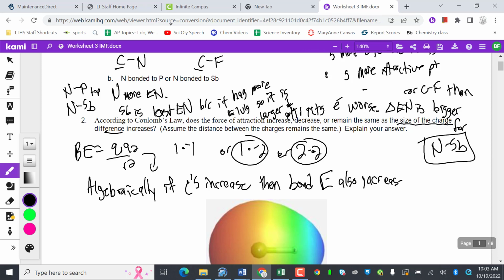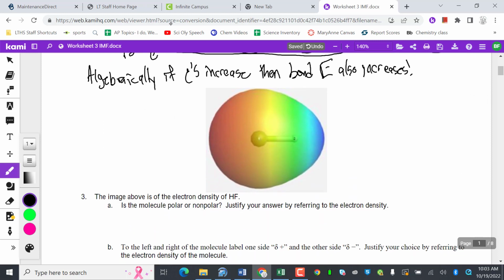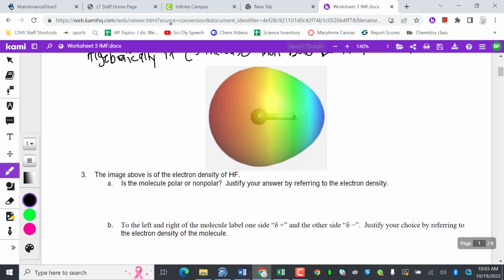So this is my rationale for it. But really, if you write this down and you realize they're talking about Q's increasing, you're going to have it.